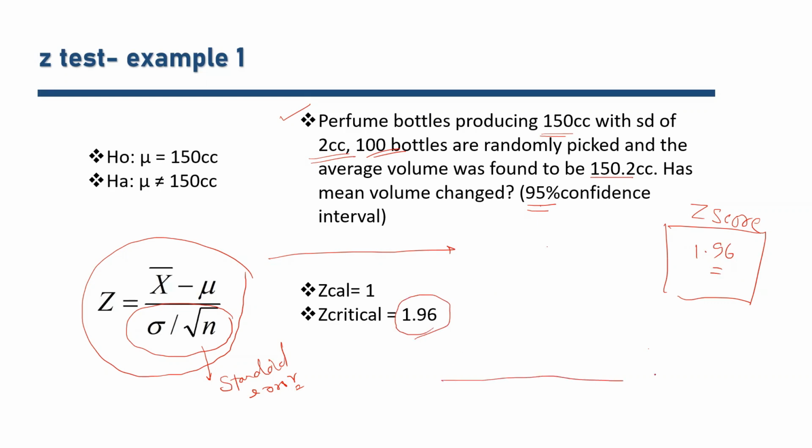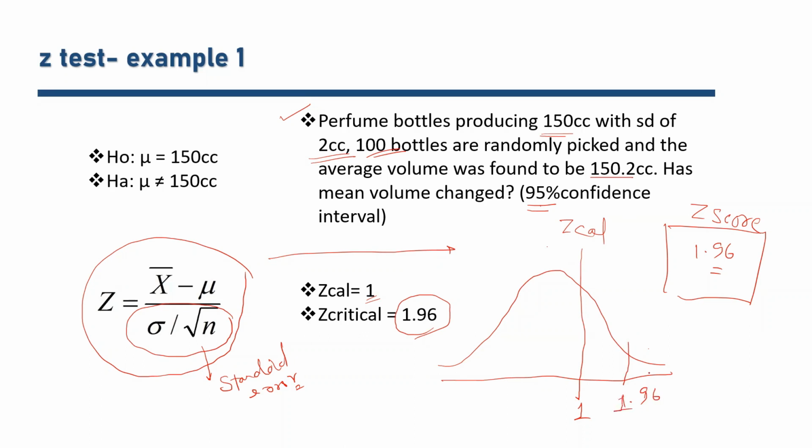Now, if I plot this over a normal distribution, try to understand, this is your Z calculated, which is 1. This is what we have calculated. But from the Z score chart, your value comes out to be 1.96.